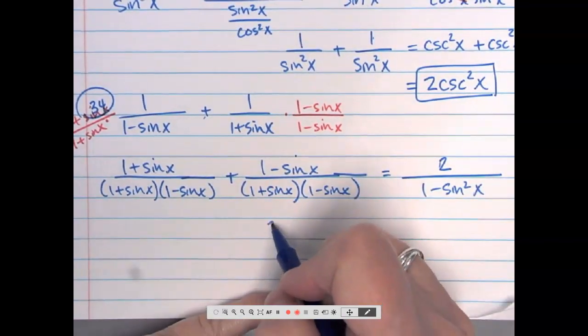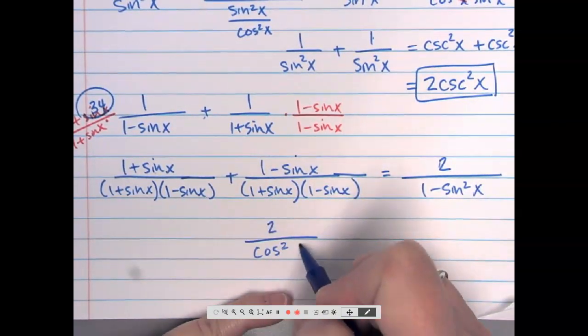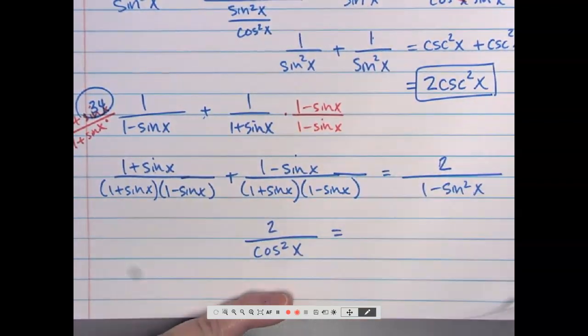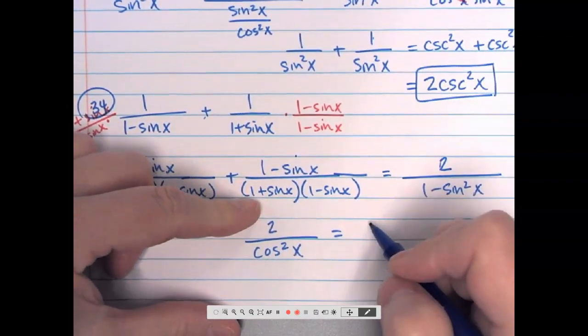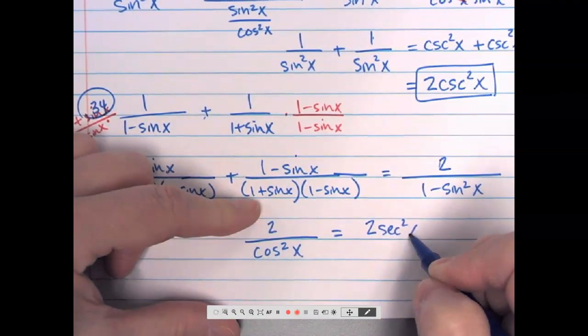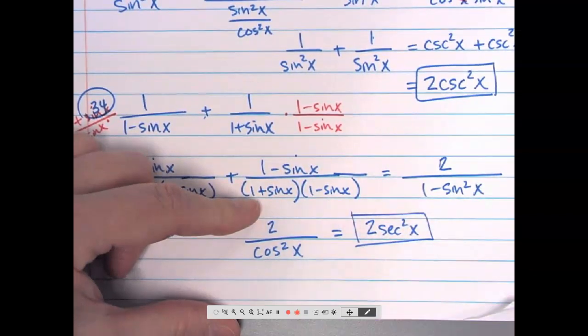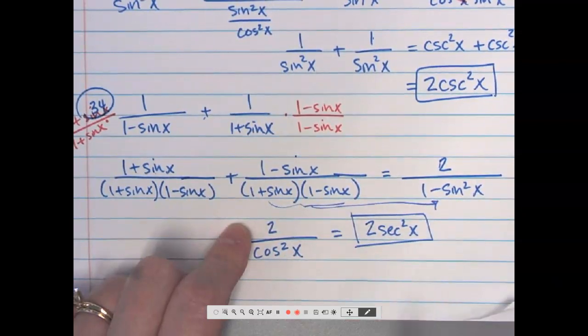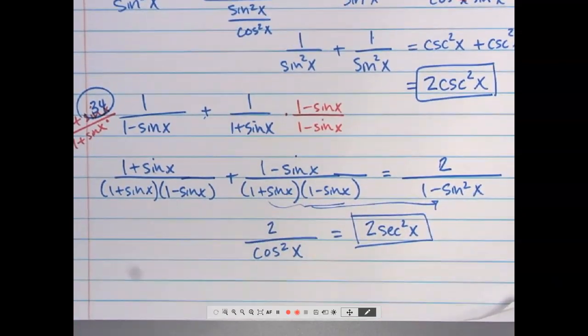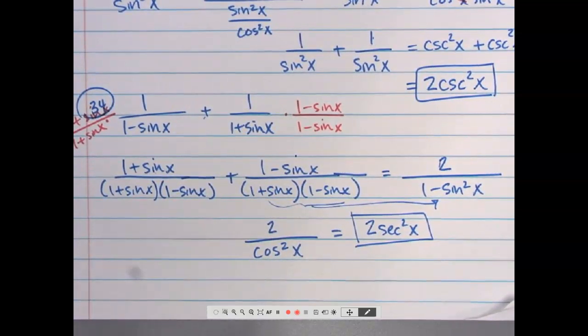Cosine squared. And 1 over cosine squared is secant squared. I just have 2 of those. So it's 2 secant squared. Do we see where this led to that? FOIL it out and those two middle terms will cancel. Any questions? So those of you not writing, you already got it? Any questions?